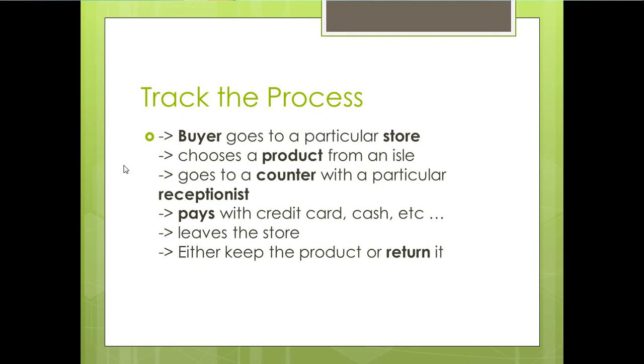Firstly, we have a buyer that goes to a particular store. He chooses a product from an aisle. Then he goes to a counter with a particular receptionist. He pays with credit card, cash, or whatever. He leaves the store, and he'll either keep that product or return it. That's the process that goes into buying a product.